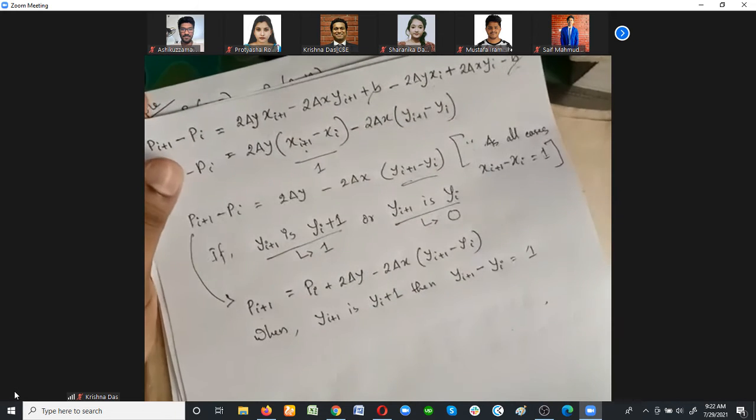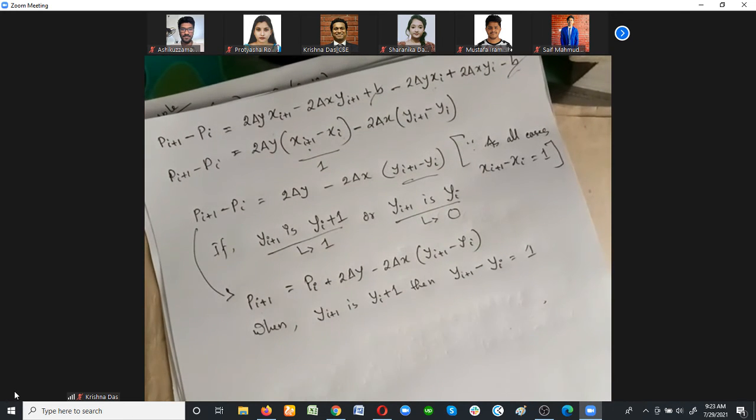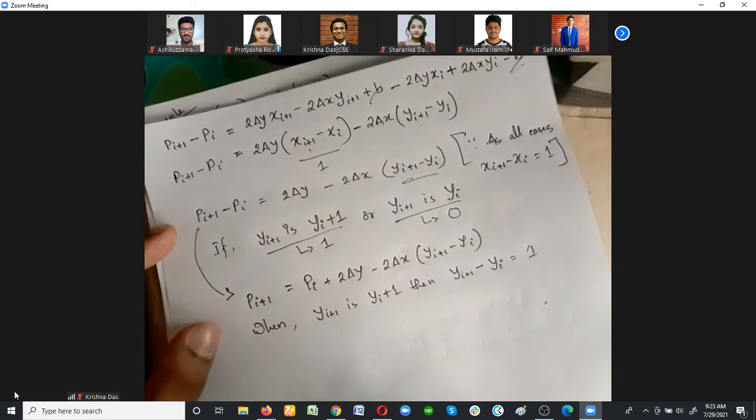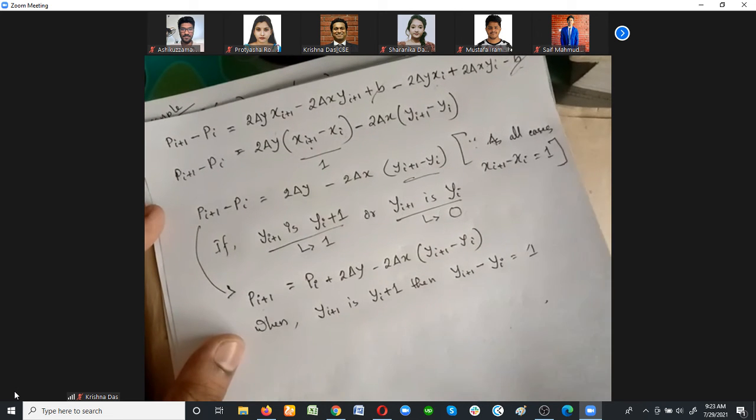And then we get the next pixel, and you can understand that for pi greater than 0, you are going to get it.